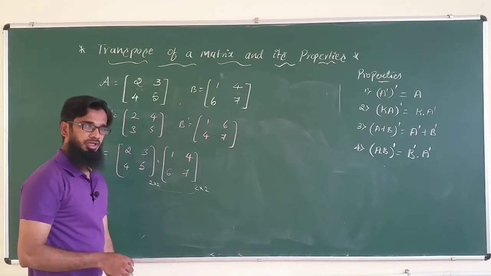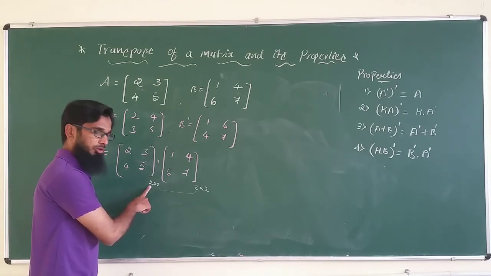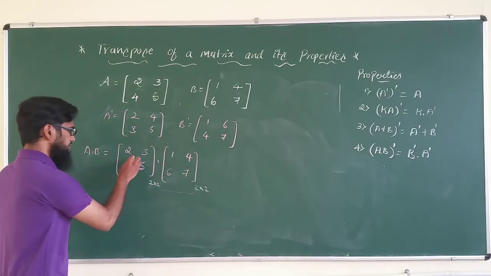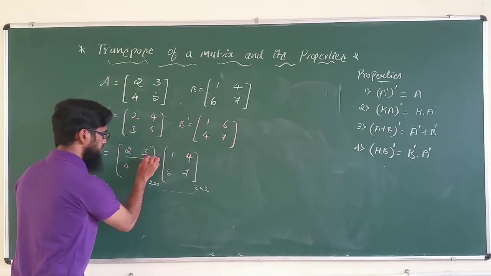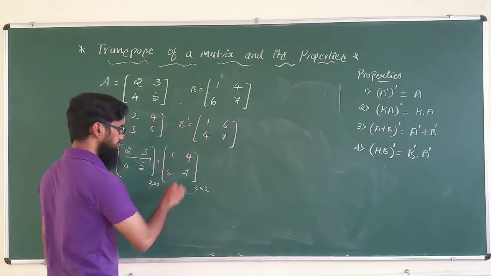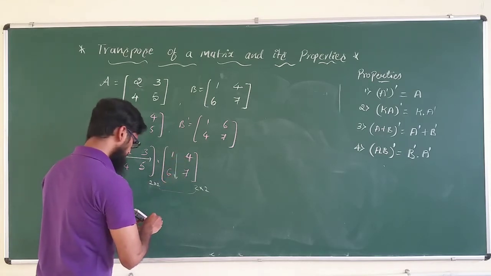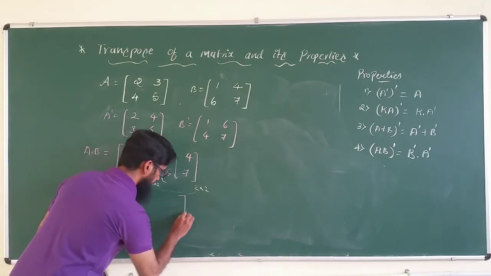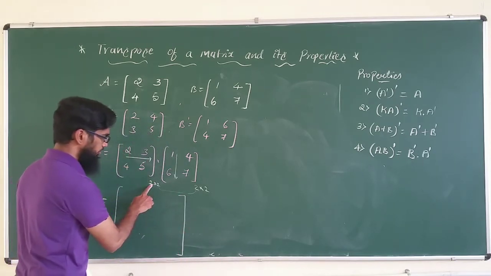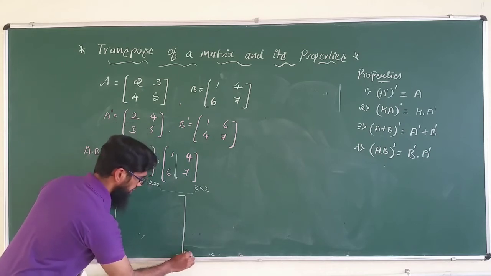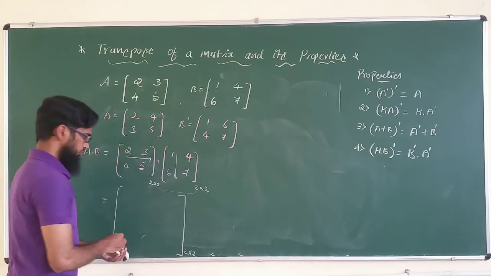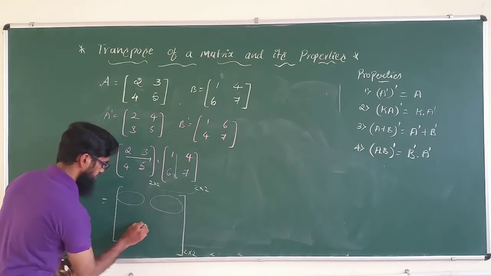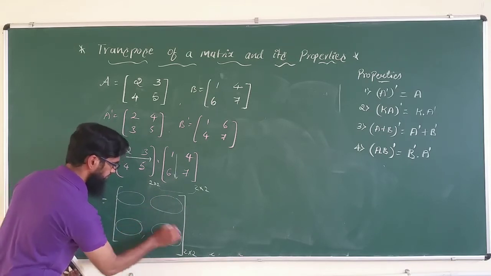So the order of the resulting matrix is going to be 2 cross 2. This is place 1, this is the second, this is the third and this is the fourth.